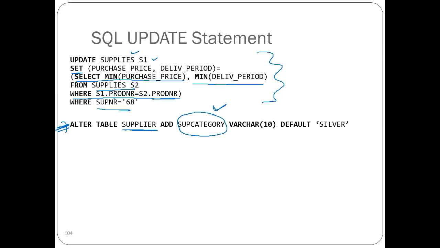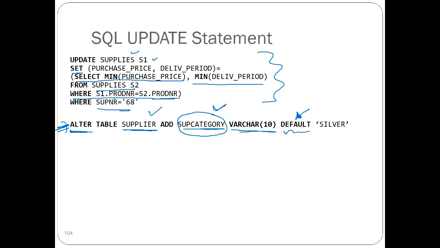So we are modifying the table by using the statement alter table supplier. We want to add one more column which is called subcategory. It is of varchar type, and look at it, right? So something like this I was mentioning earlier in one of the queries. Here for this column we are specifying a default value, right?